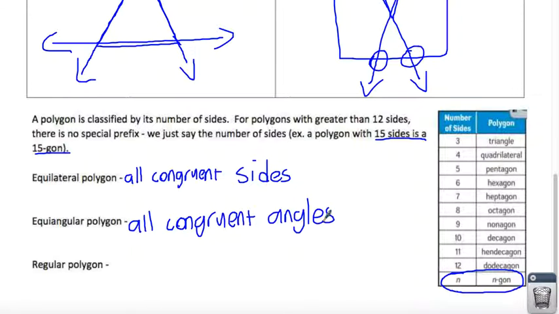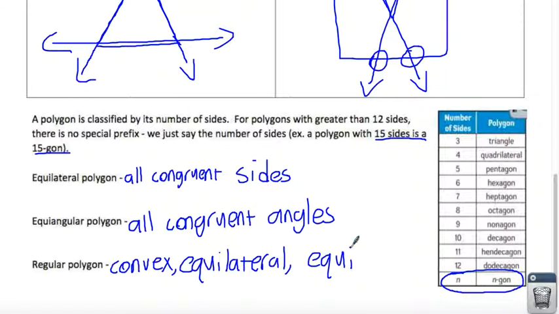So a regular polygon we'll define using 3 terms we already talked about. A regular polygon is convex. It is equilateral. And it is equiangular.